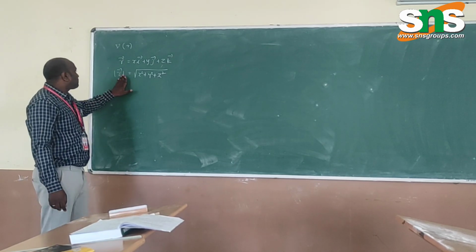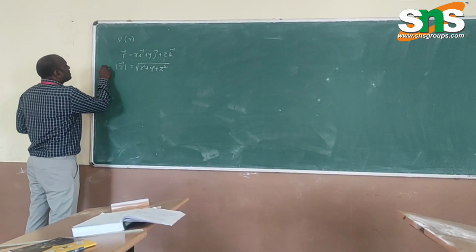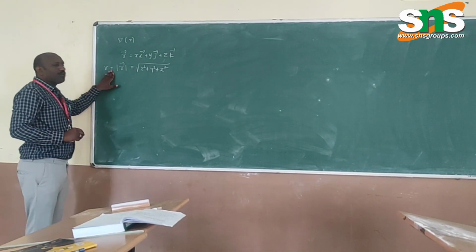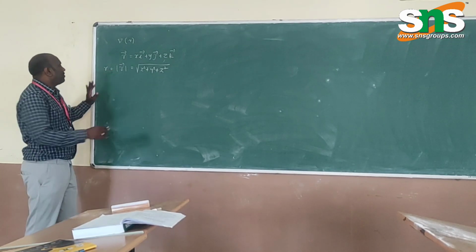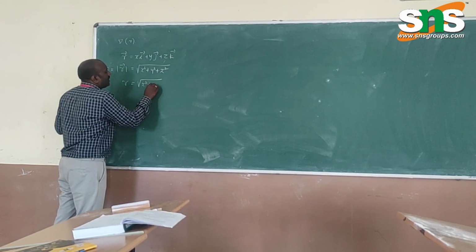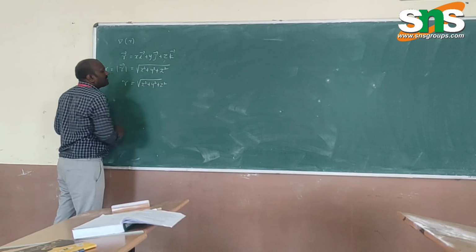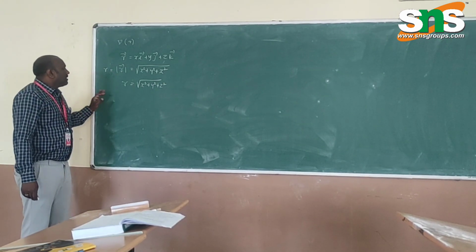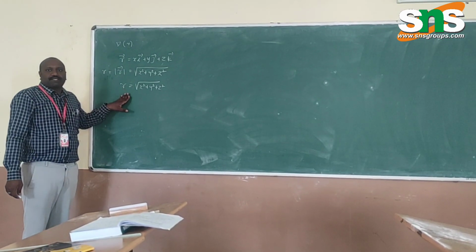So that modulus r vector is also known as r. So we know that r is equal to root of x square plus y square plus z square. So these are the basic things.